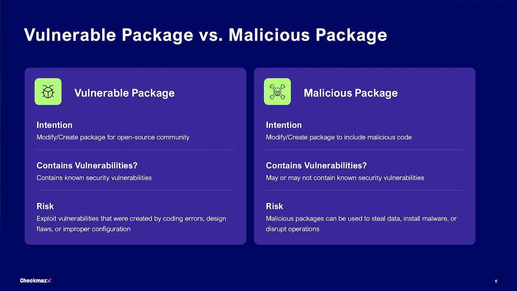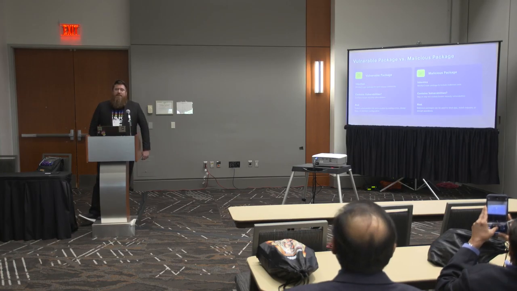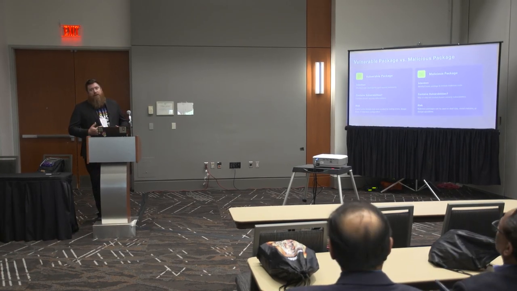So when we talk about supply chain threats, we're talking about malicious packages. But what's the difference between that and regular software composition analysis? So software composition analysis is looking for packages that are vulnerable. When a package is vulnerable, the original intent was to be made as a resource for the open source community. At some point in time, there were coding errors, design flaws, or improper configurations that made it vulnerable.